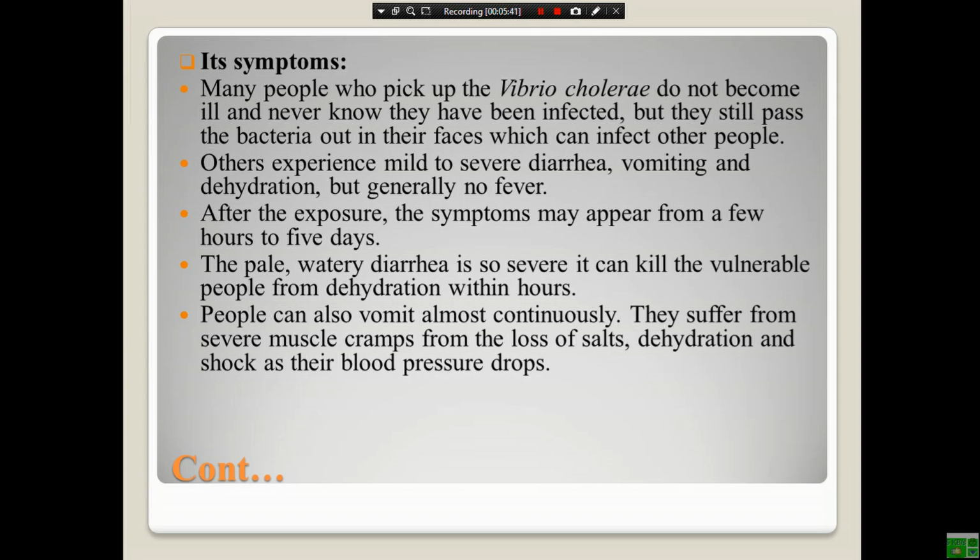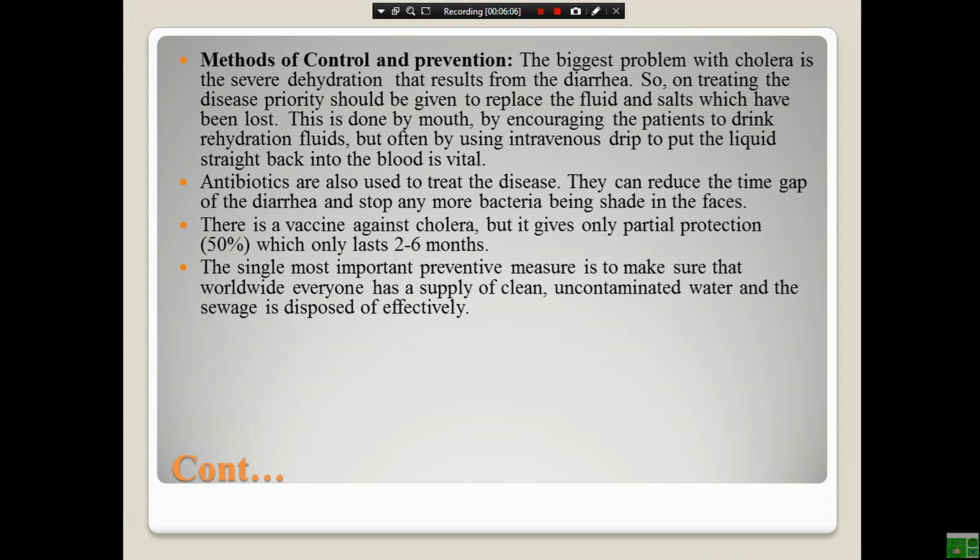After the exposure, the symptoms may appear from a few hours to a few days. The pale watery diarrhea is so severe it can kill vulnerable people from dehydration within hours. People can also vomit almost continuously. They suffer from severe muscle cramps from the loss of salts, dehydration, and shock as their blood pressure drops.